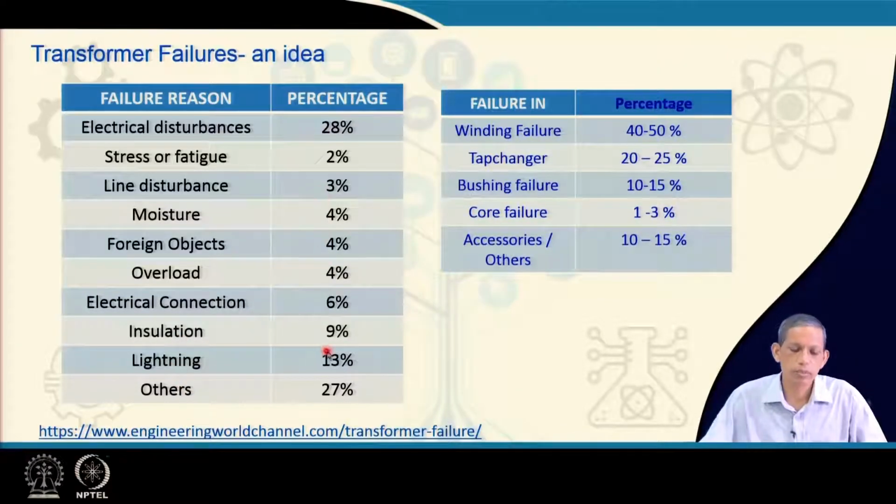These are in terms of percentages, and they lead to failure of the transformer. But finally, the failure happens in different components: winding failure, tap changer failure, bushing failure, core failure and other accessories in the transformer. This gives us an idea of the general trend of transformer operations, what the different reasons are and where the fault happens.